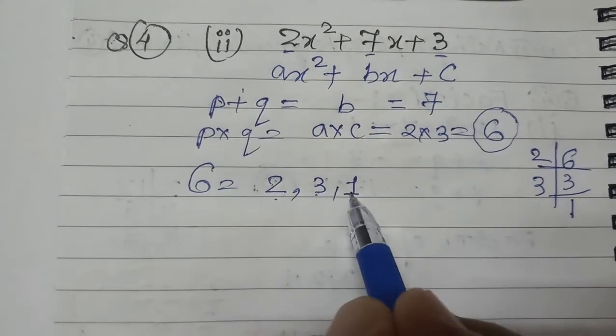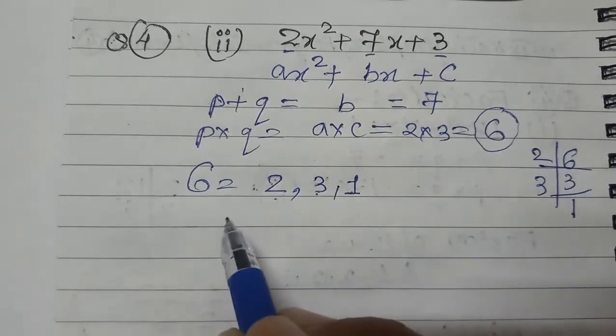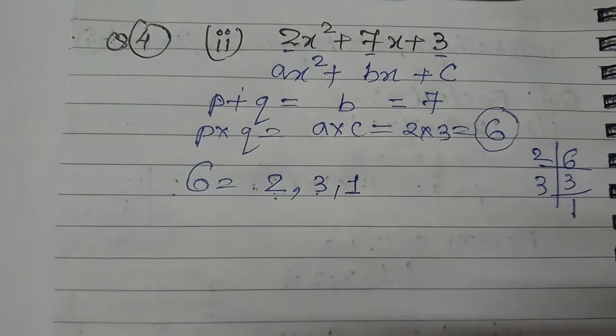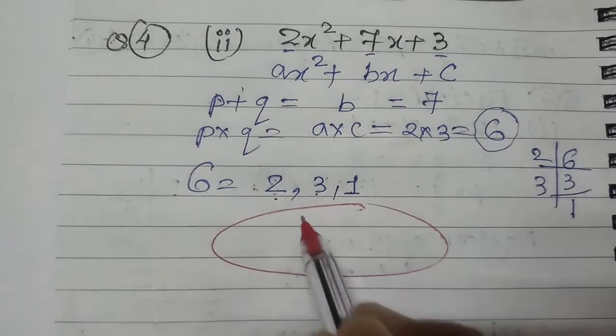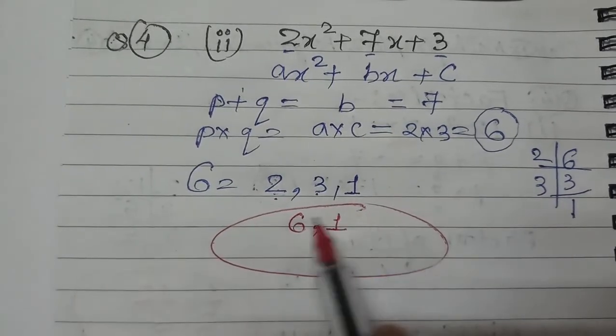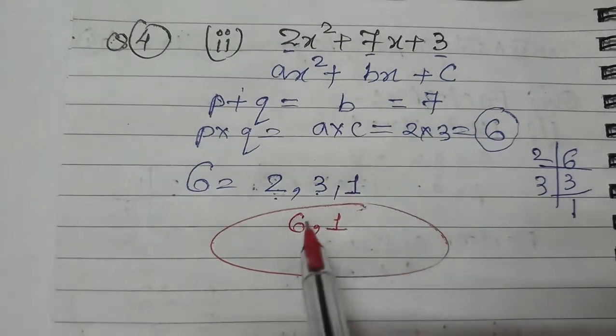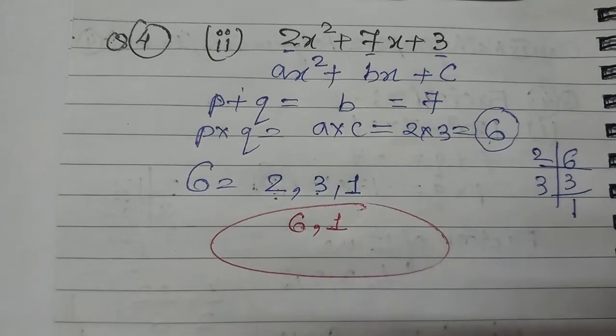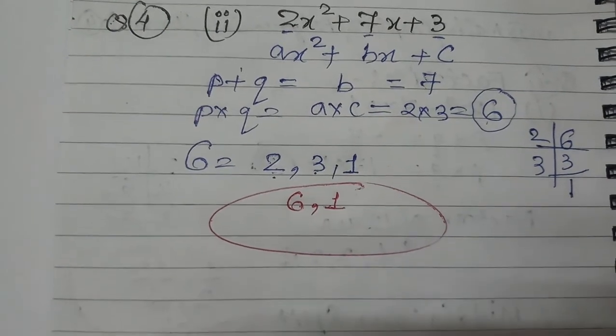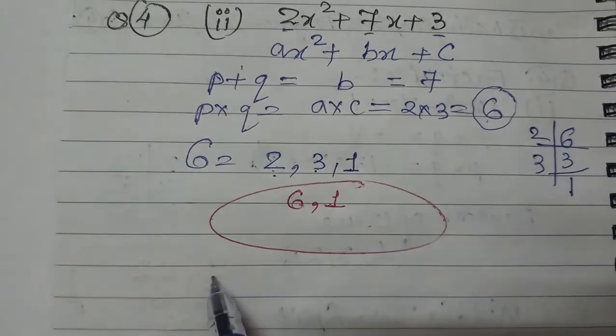So what are the numbers? 2 3s are 6, 6 and 1. Now on adding we need 7. 6 plus 1 is 7, and 6 1s are 6. So in the first attempt only we got the numbers. Now we are not going to try more options.